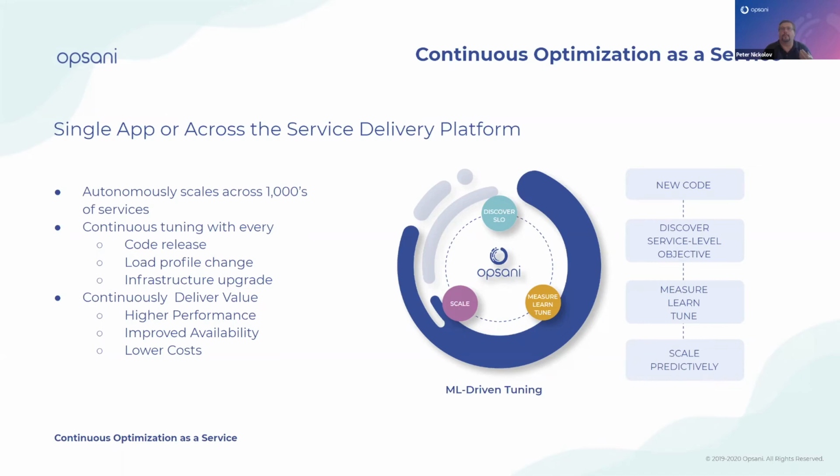And then anytime when you use cloud providers that you run your application on, or even just changing an instance type, and any sort of infrastructure change. The result of doing that continuously is also continuously delivering value. As we talked before, the value is being higher and more consistent performance, improved availability, and significantly lower cloud costs.